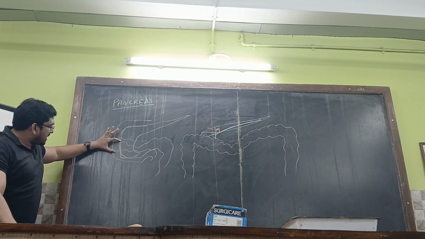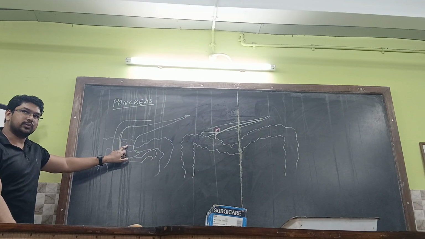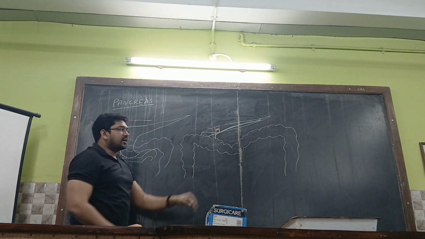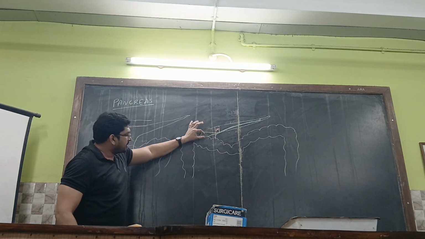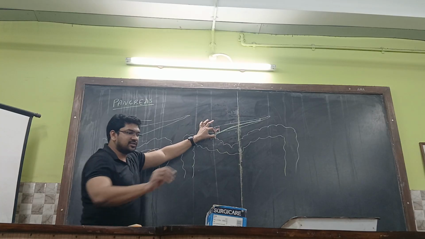So obviously it will be partly passing in front of the head of the pancreas also. Because it is crossing over here, a little bit of space will be made by this transverse mesocolon over here. Try to understand this, okay?